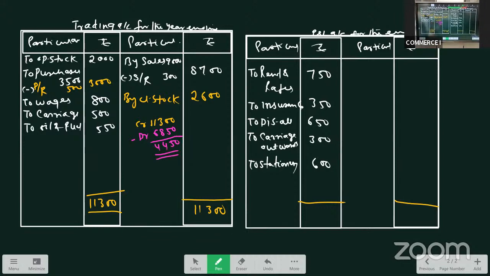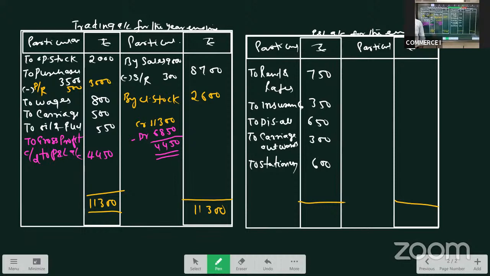What is the balancing figure? 4,450. Guys, what do we call this net difference? We call this gross profit. Gross profit carried down to profit and loss account.